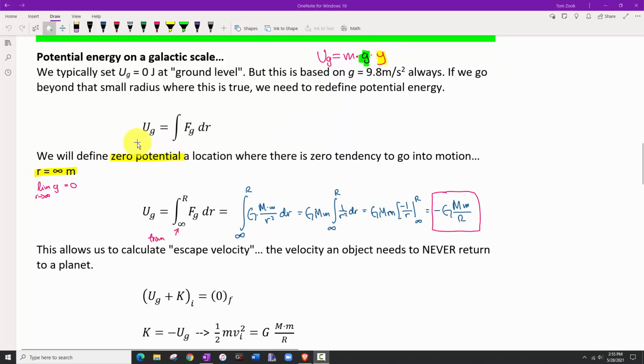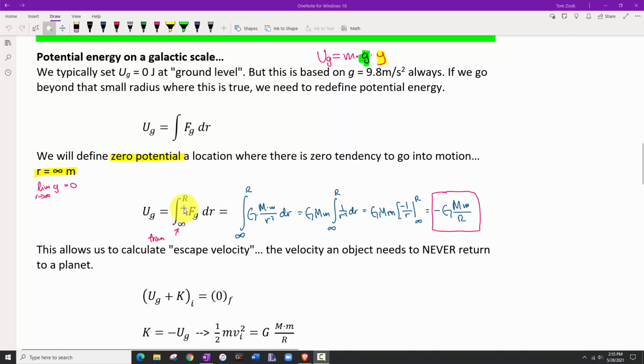So we took a look at gravitational potential energy being the integral of force with respect to distance. And we said, well, what would it take? What sort of potential change could we cause if we exerted a force pulling something from an infinite distance back to the surface of the Earth?